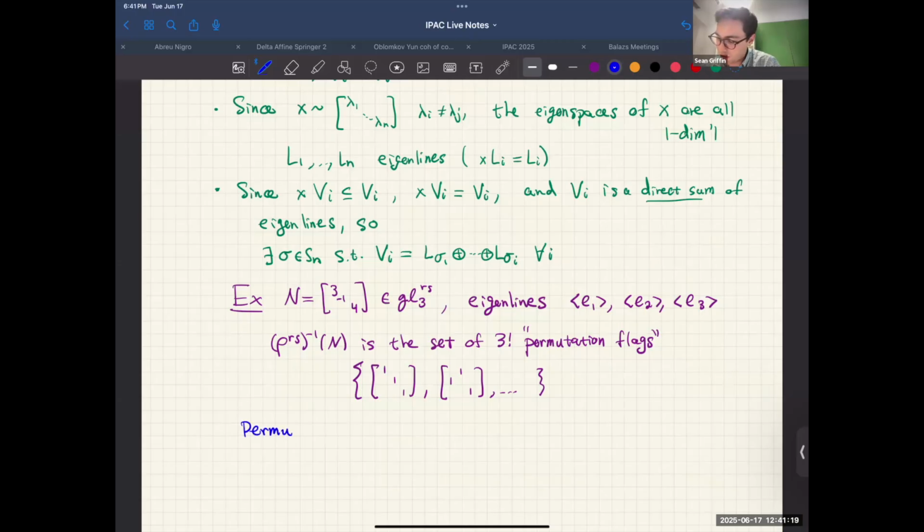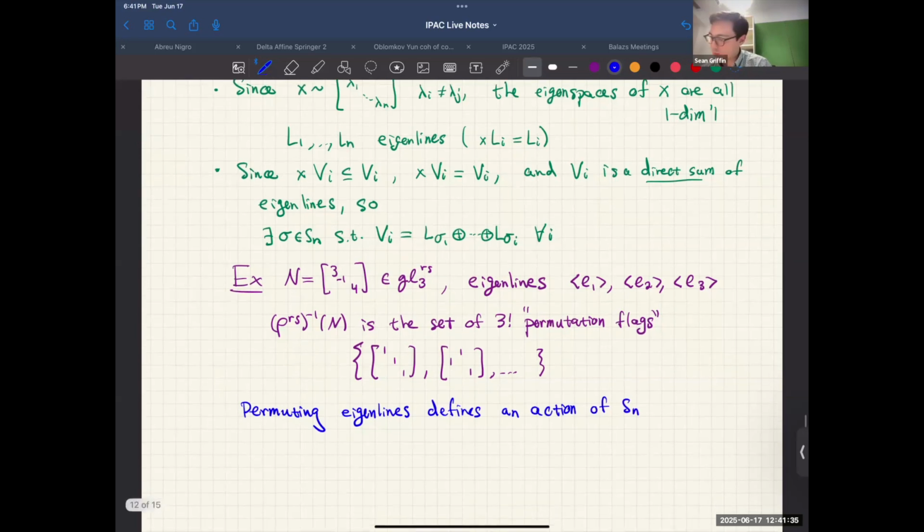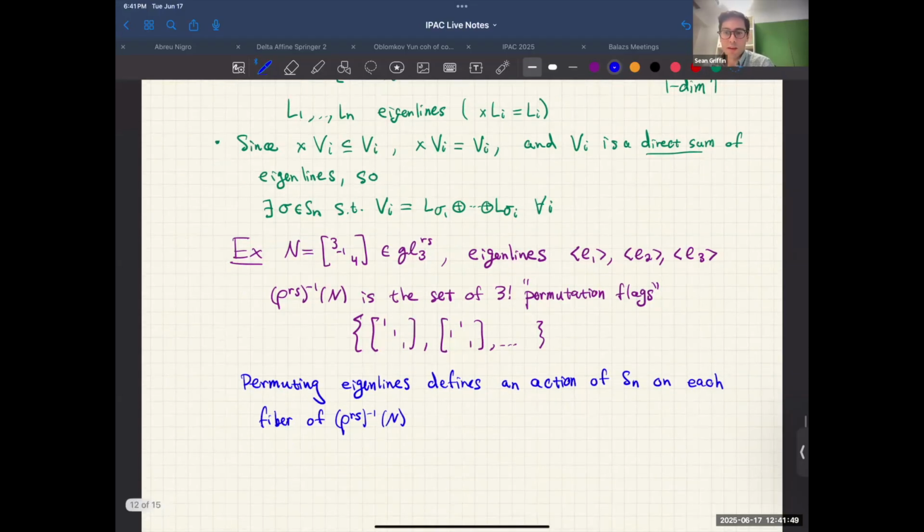So permuting the order of the eigenlines defines an action of Sn on each fiber.